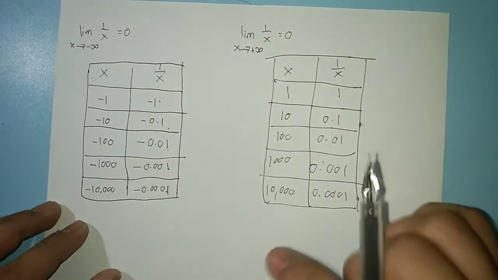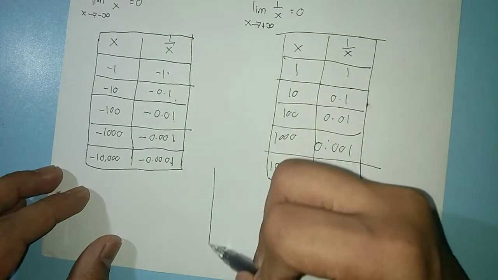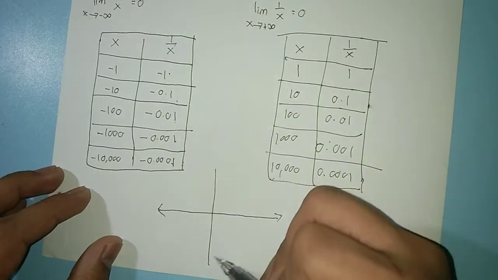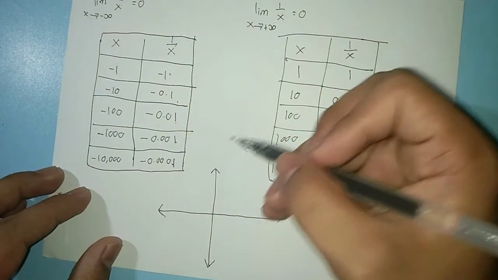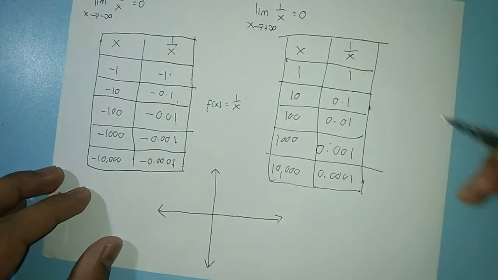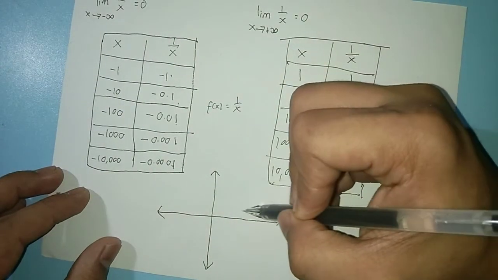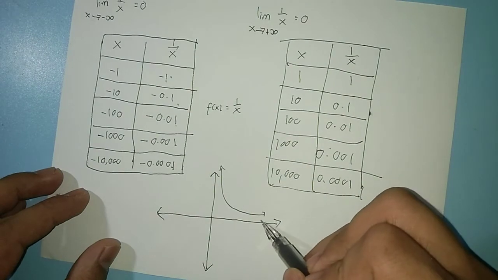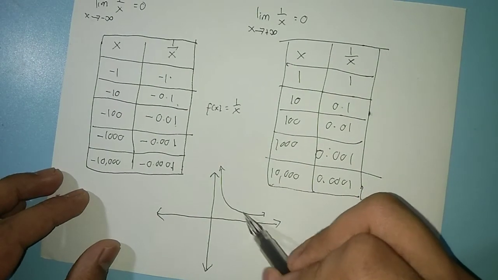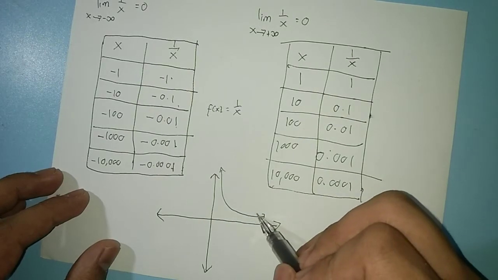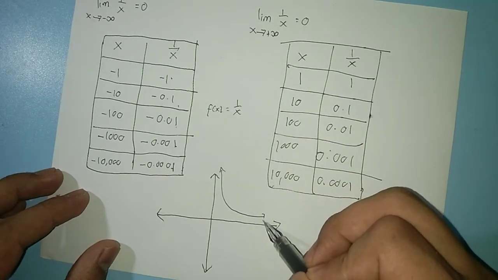Kung gusto nyo makita yung graph nila, yung graph ng function, let's say yung f of x natin dito ay yung 1 over x. So ganito yung graph niya. As x approaches positive infinity, yung value ng f of x nag-a-approach sa 0.